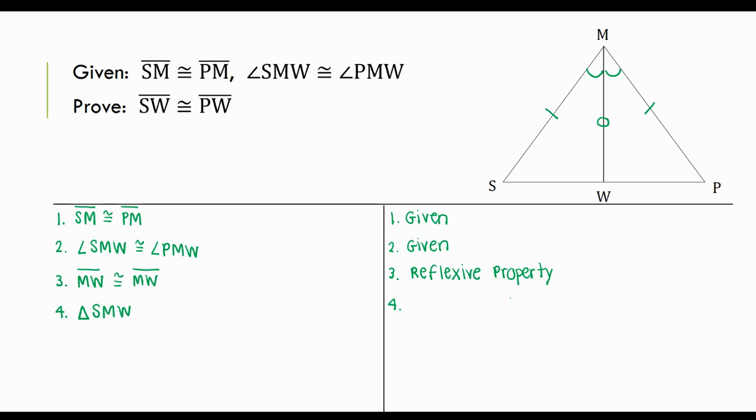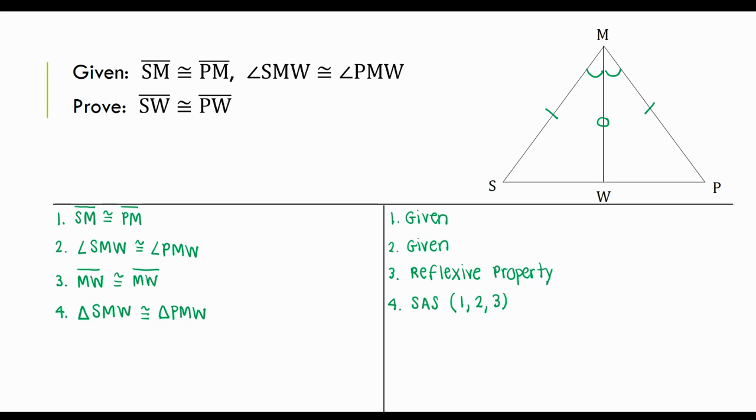Essentially, I'm going to name it just like the angle above. So then that means I want to name that other triangle PMW. Like we said, based off the markings, we know that those triangles are congruent because of side, angle, side. If I go back through my proof to justify it, my first congruent side came from step 1, my congruent angles from step 2, step 3 got me my other set of congruent sides.